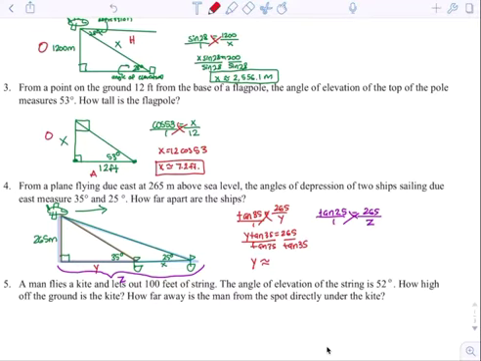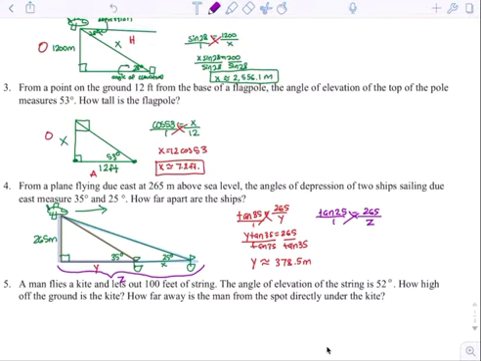So y is roughly 265 divided by tan 35, which is going to be 378.5 meters.